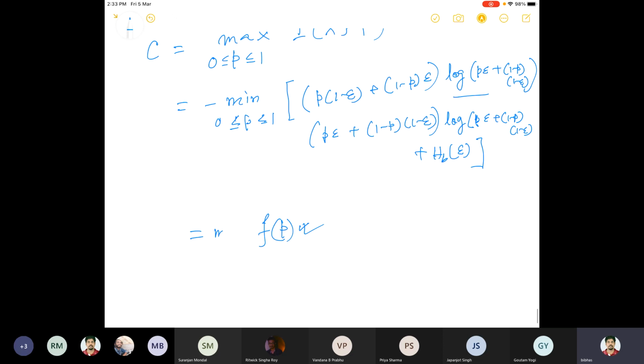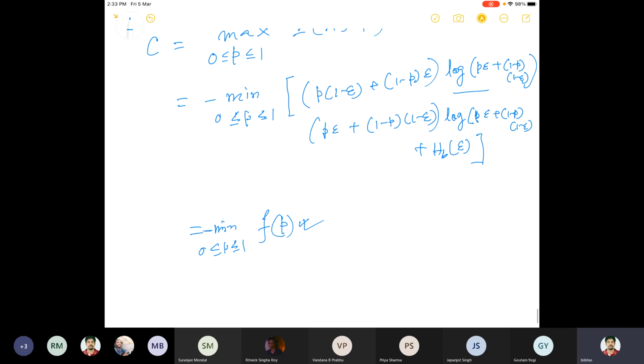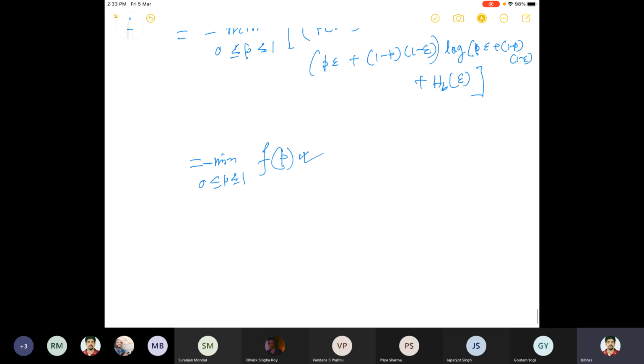You have to minimize over 0 less than or equal to P less than or equal to 1 some f(P), with a minus of this, and then take the derivative with respect to P and set it equal to 0, and this will give you some condition.